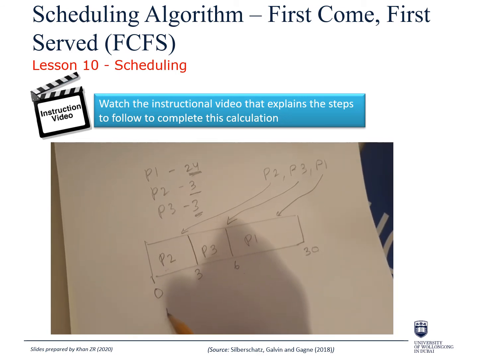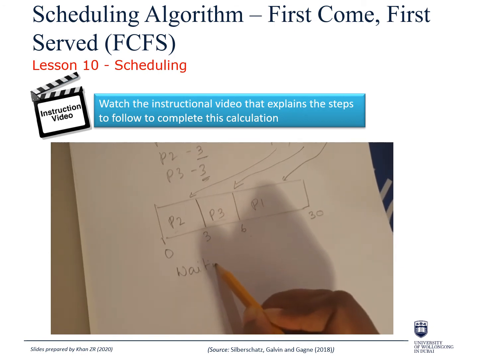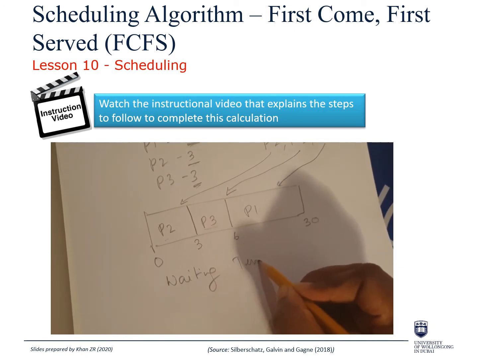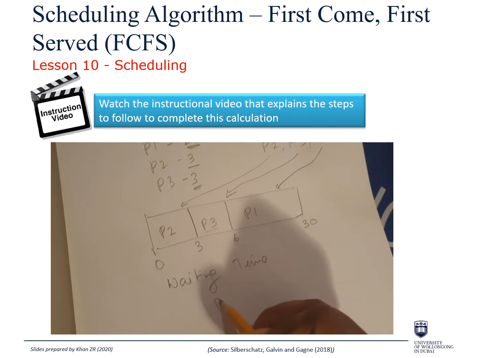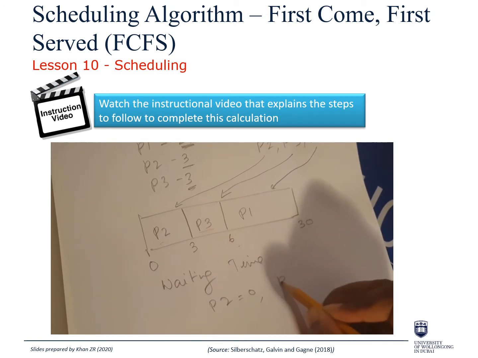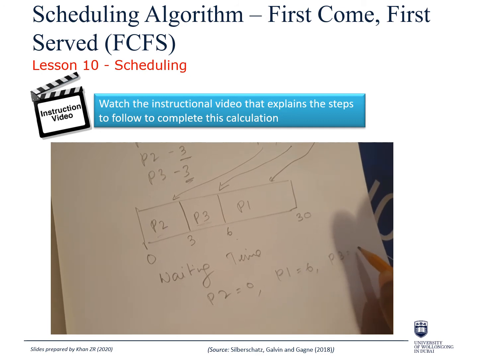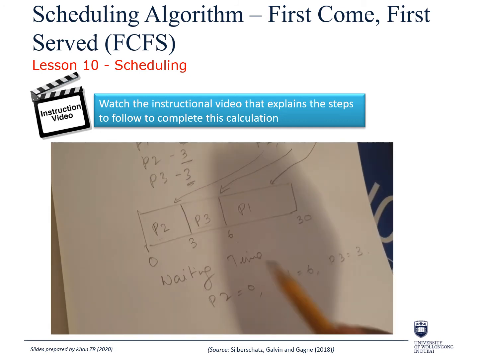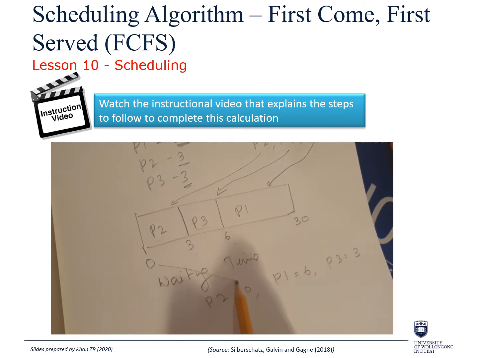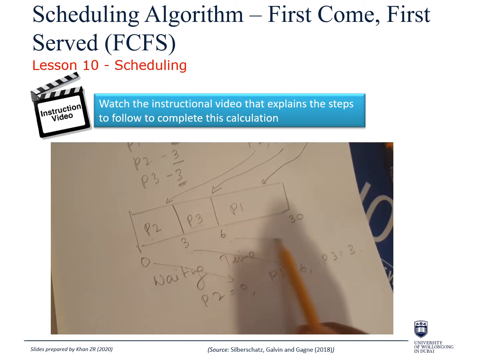This way, the waiting time for P2 is 0, P1 is 6 and P3 is only 3.